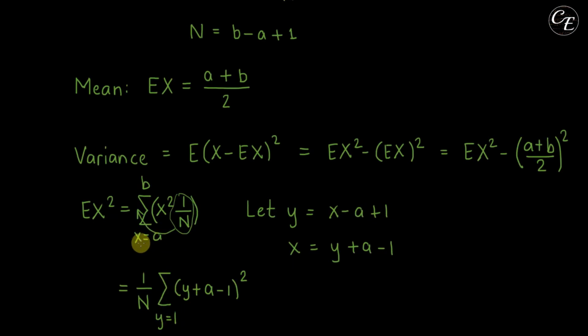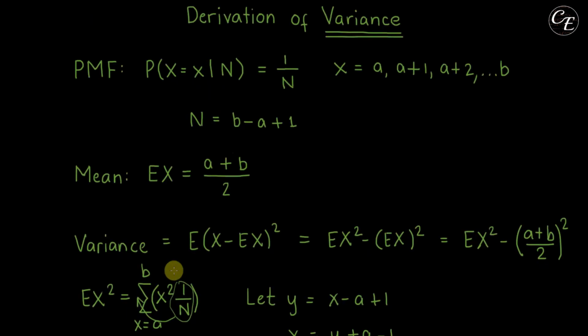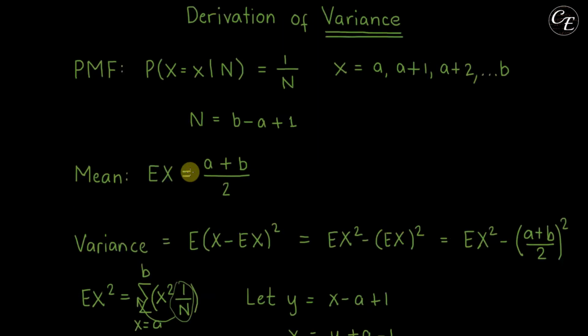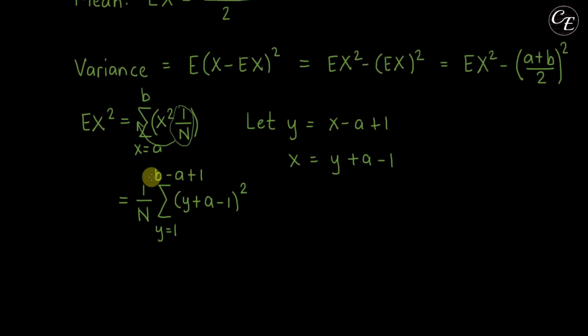And then until when x is equal to b, here y is equal to b minus a plus 1. Now this b minus a plus 1 is the same as this, it is equal to n. So this b minus a plus 1 can be replaced by n.